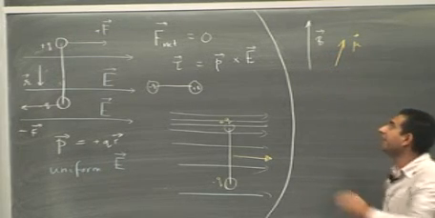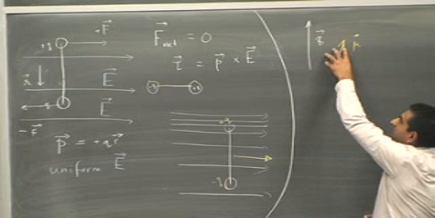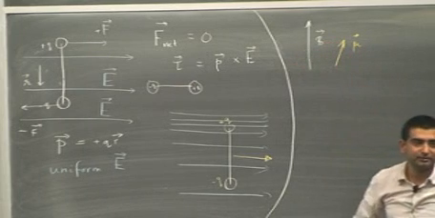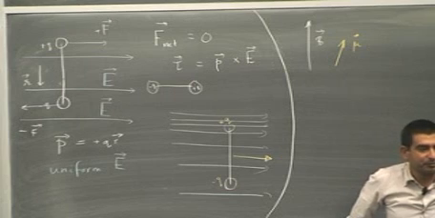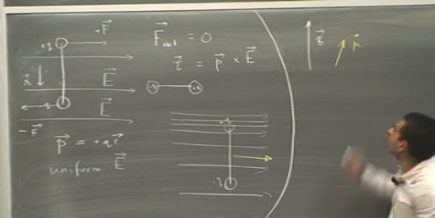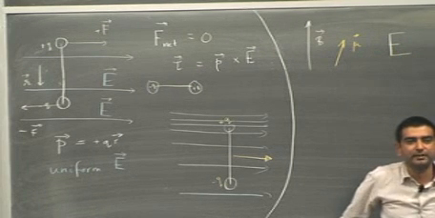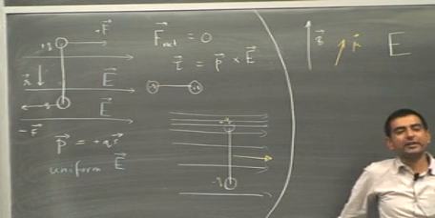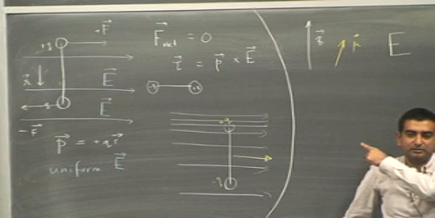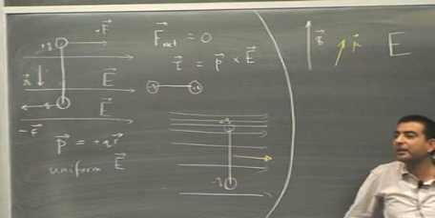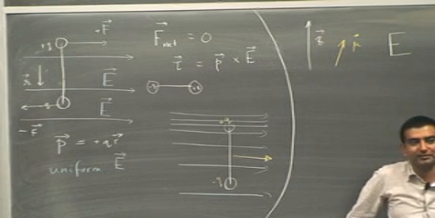Now what is the energy of this dipole moment inside the field? When you have a magnetic dipole moment placed inside a magnetic field, can we find out what the energy is? What's the preferred orientation of this dipole moment? It should align itself with the field.